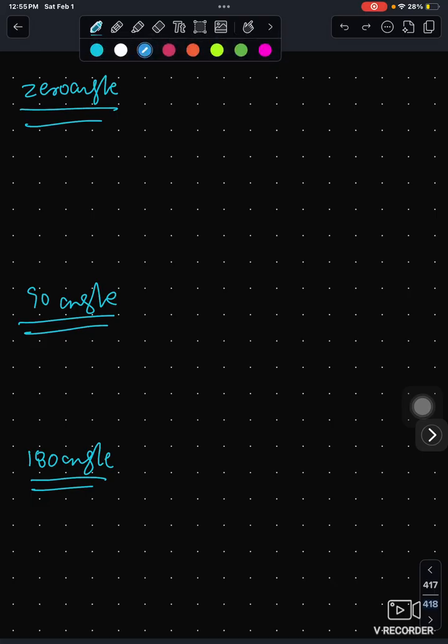Now, if we have the scenario at 0-degree angle, there's a photon coming towards the electron, and at 0-degree angle there must be no change, so it must go straight, right? So let's check what we will have.